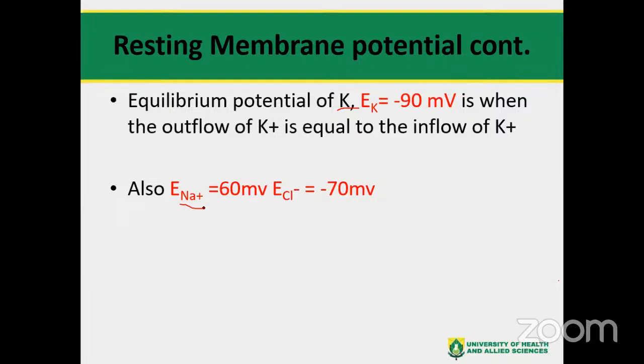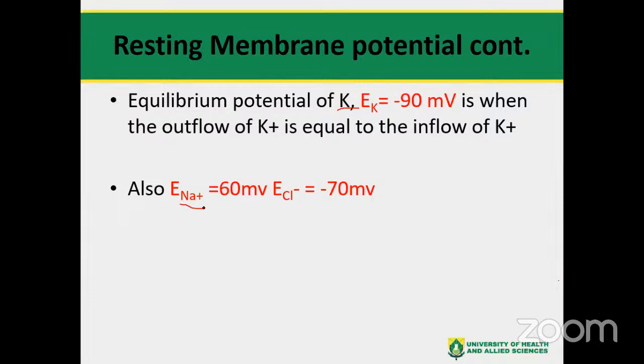Applying the same to sodium, sodium is plus 60 millivolts. I want you to know that so that we'll use this to advance our understanding of why the inner part is negative and the outer part is positive.